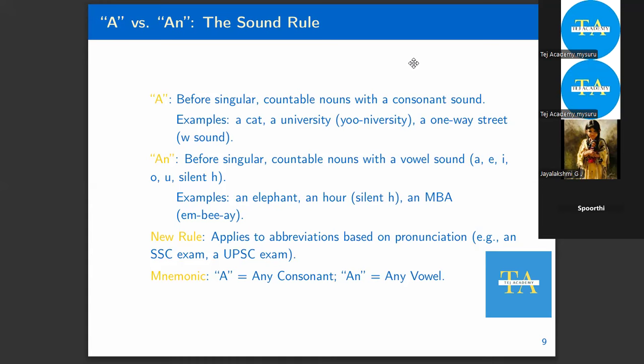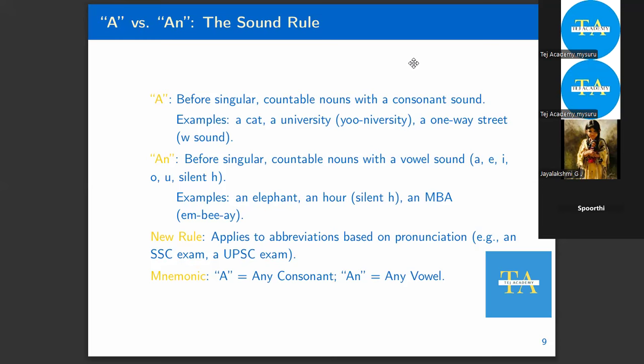That's why we use a one-way street, a 1 rupee coin, a 1 hour wait. We don't say an 1 hour wait. We say a 1 hour wait because one starts with the W sound. So she handed me a 1 rupee coin instead of an 1 rupee coin.